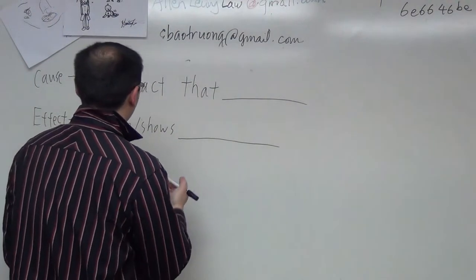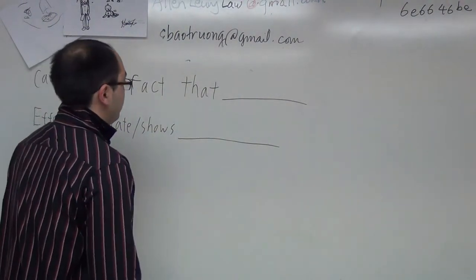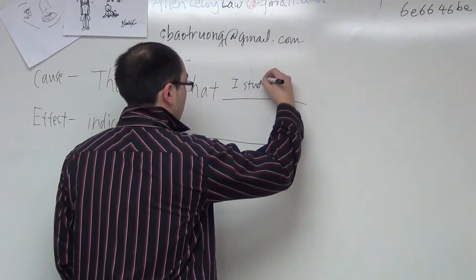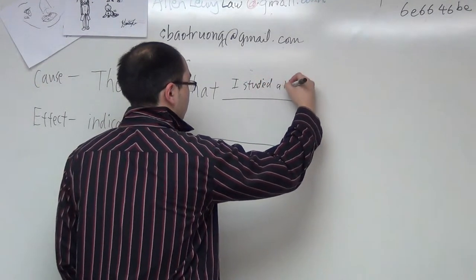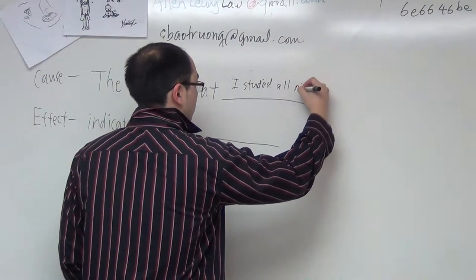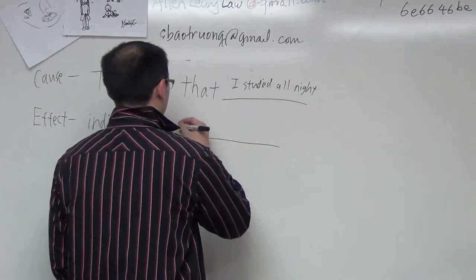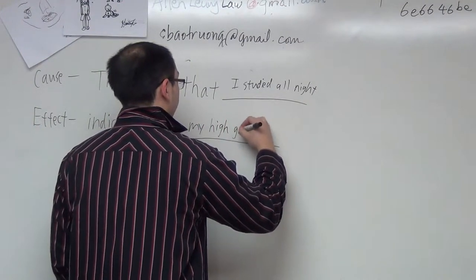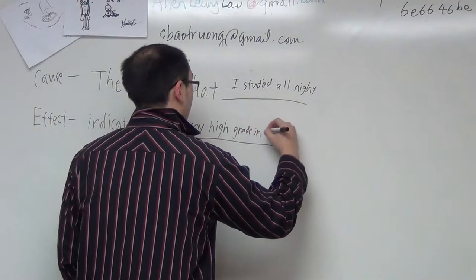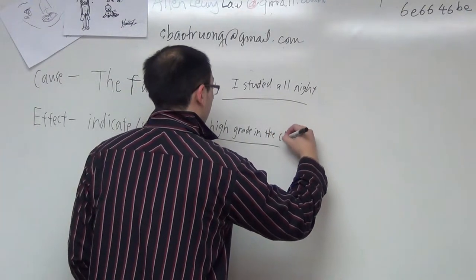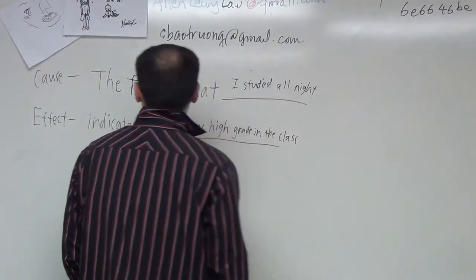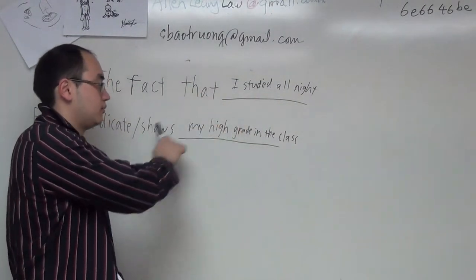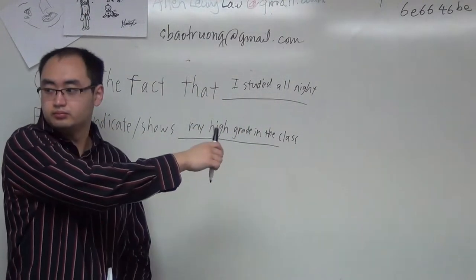So I could have a sentence like, "The fact that I study all night indicates my high grade in the class." So basically, the cause is that I study all night, and the effect is I have a high grade in the class.